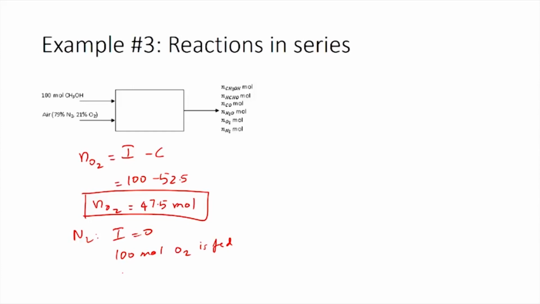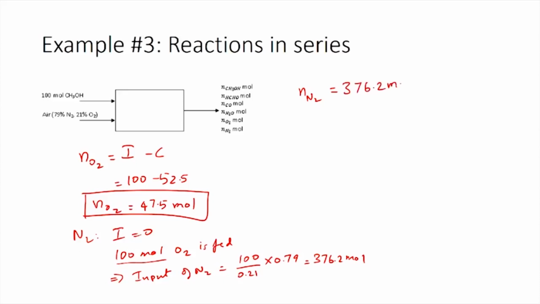This means this 100 moles constitutes 21% of air. So, the rest 79% is nitrogen. Based on that information we can calculate input of nitrogen as 100 divided by 0.21 times 0.79, which gives us a value of 376.2 moles. So, the nitrogen leaving the system would be equal to the input, which is 376.2 moles.